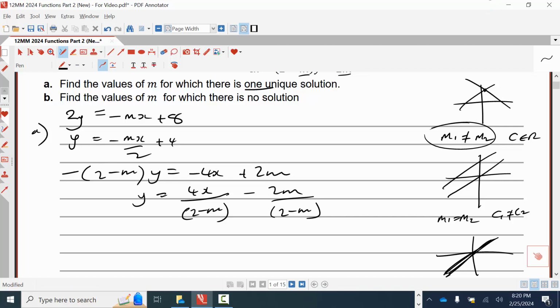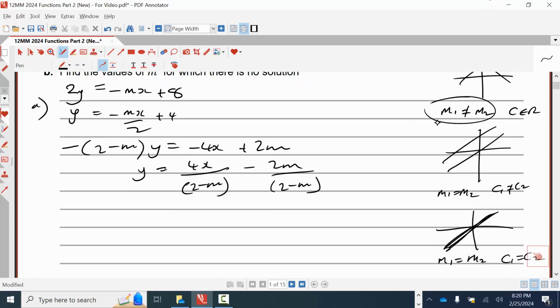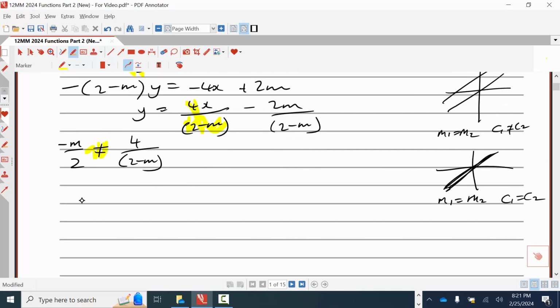Alrighty, so what we'll do is we'll pair up the gradients. So we've got negative m on 2 can't be the same as 4 over 2 take m. So I've gone ahead and grabbed the gradient here and the gradient here and let them not equal each other.